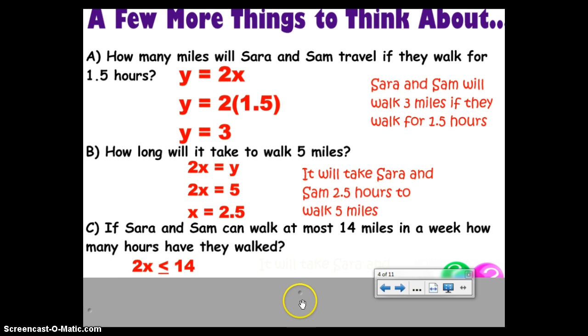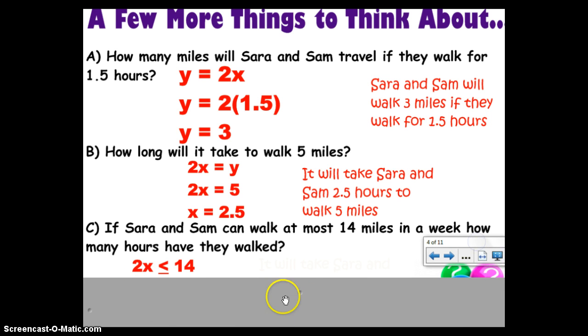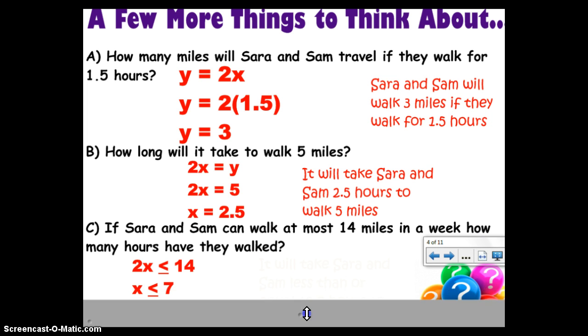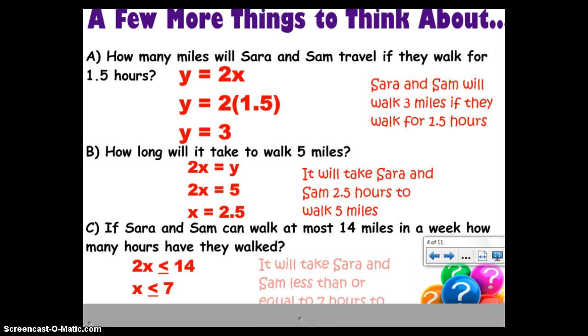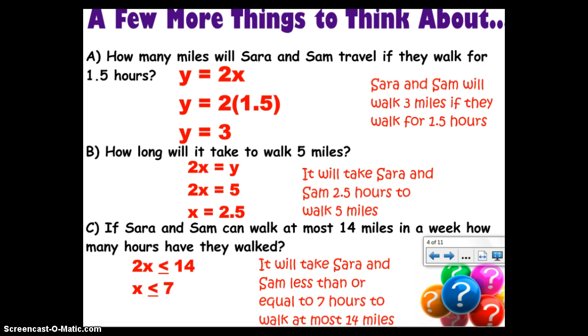This is a one-step inequality. The opposite of multiplying by 2 is to divide by 2. I divide both sides by 2, and I get x is less than or equal to 7. This means it will take Sarah and Sam less than or equal to 7 hours to walk at most 14 miles.